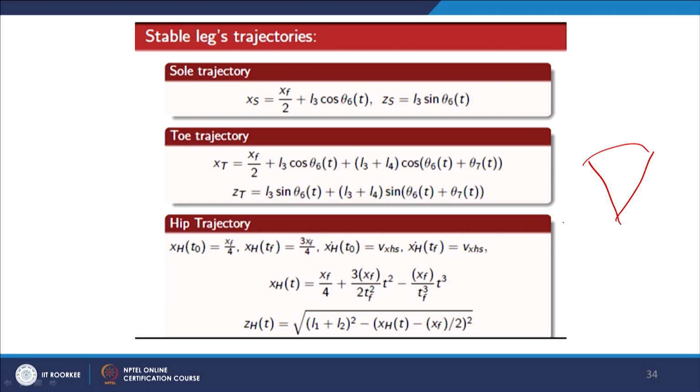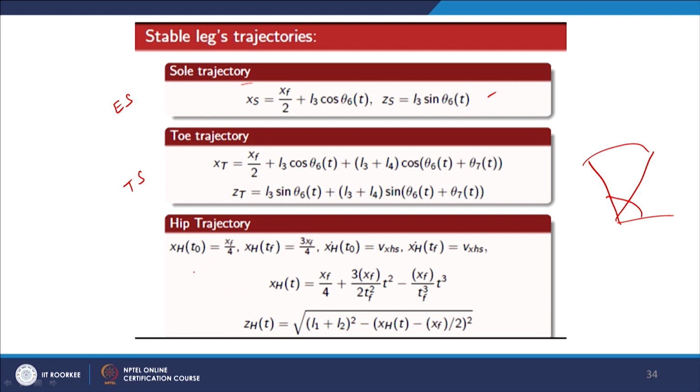The hip is moving in a circle, and the angles for the leg can be calculated according to the speed of the hip, etc. So, these equations give the kinematics equation of the various positions, the sole trajectory and the toe trajectory. Sole trajectory means the motion of the portion ES. Toe trajectory means the motion of the portion TS, the toe to the sole portion; that link is moving in this particular manner.